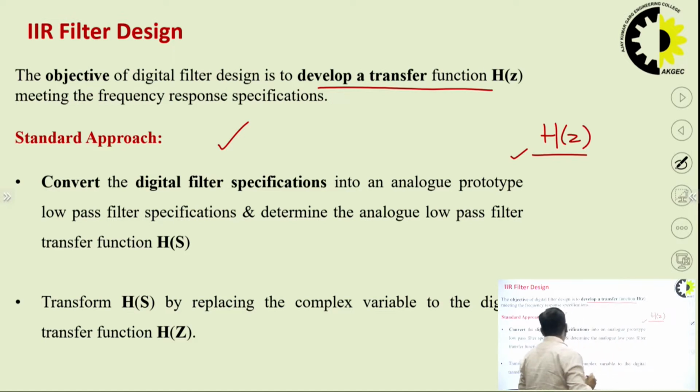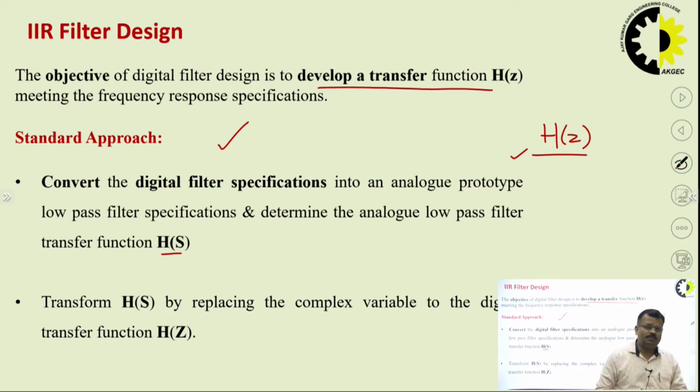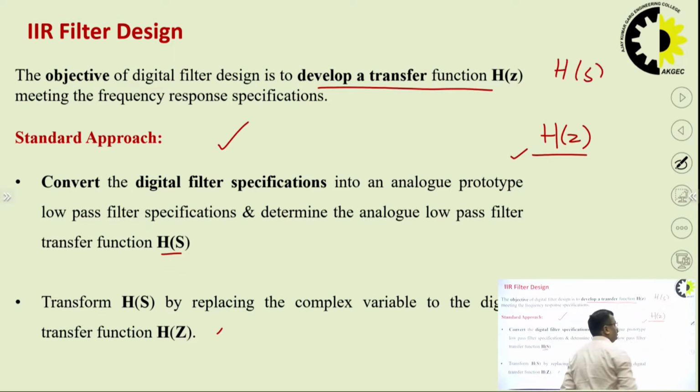Convert the digital filter specification into the analog prototype low pass specification, and determine the analog low pass filter H(s). Generally some specifications are given to you, so you should know H(s). Sometimes you have to derive H(s), then you have to convert this H(s) into H(z). H(s) means the transfer function of the analog filter.